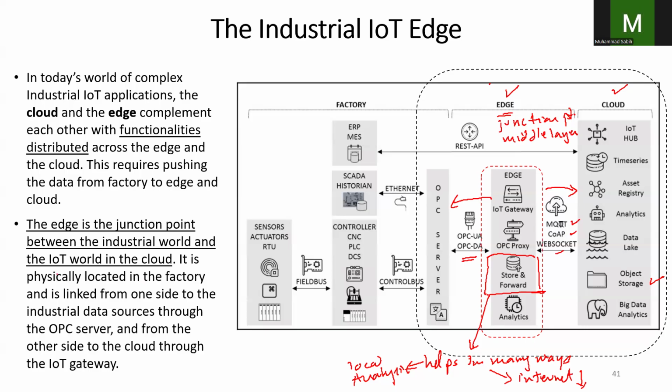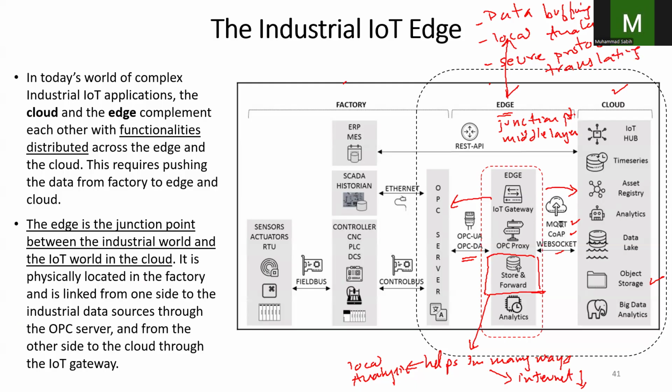The key functionality we achieve from the edge is data buffering, local analytics, and protocol translation between the factory and sending the data to the cloud.